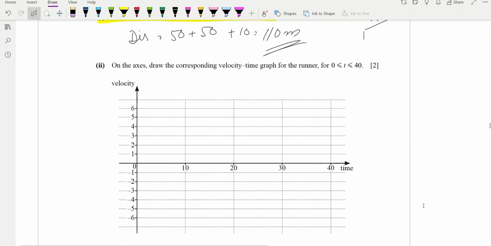So on the axis, draw the corresponding velocity time graph for the runner for 0 to 40 time, and this is a 2-mark question. Velocity is on this side, time is on this side, so positive side and negative side also they have given. So positive side will be when we are having positive slope and negative side will be when we are having negative slope.